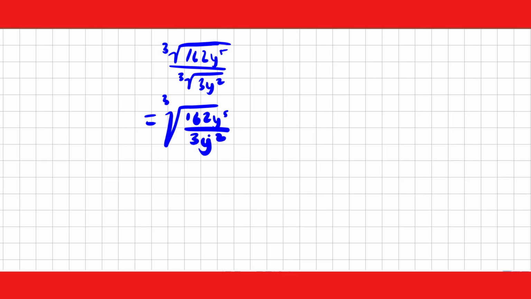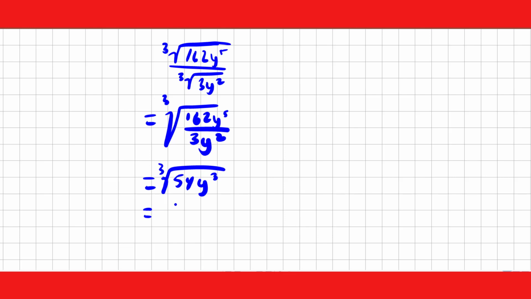Same thing. 162 divided by 3 gets me the cubed root of 54, and then y to the fifth over y squared, that's 5 minus 2, so I've got 54y to the third.